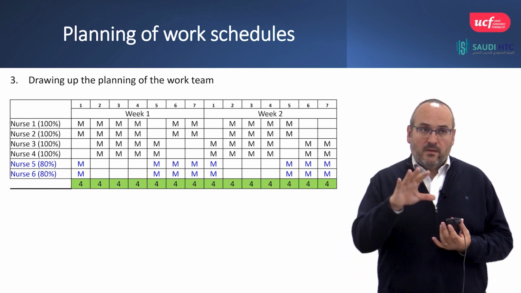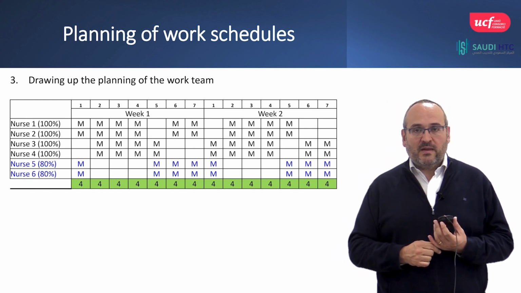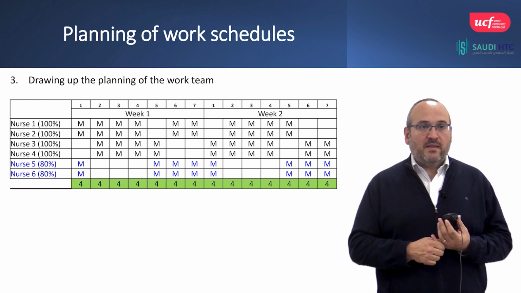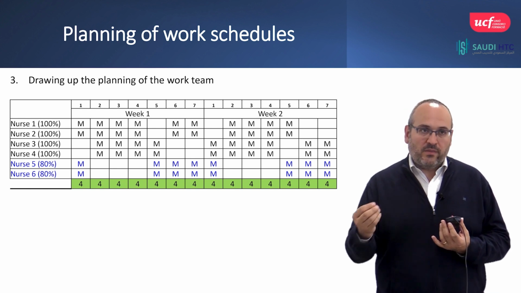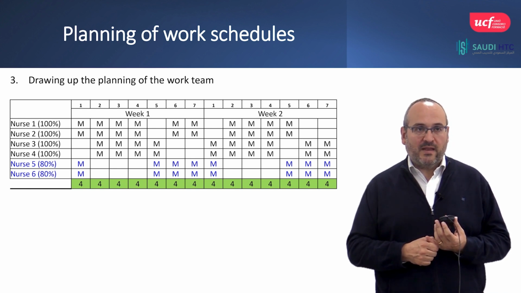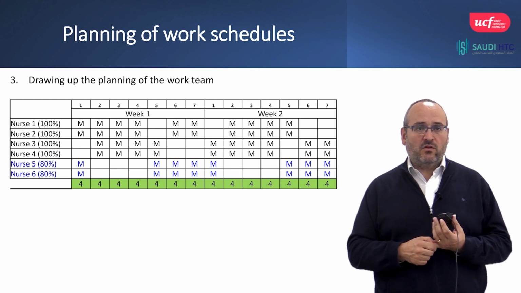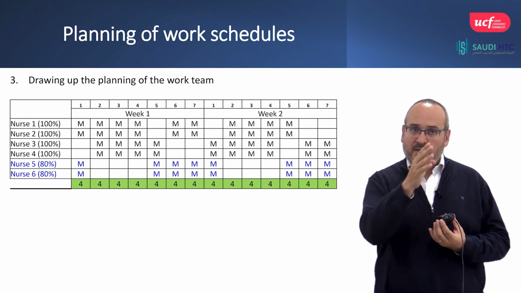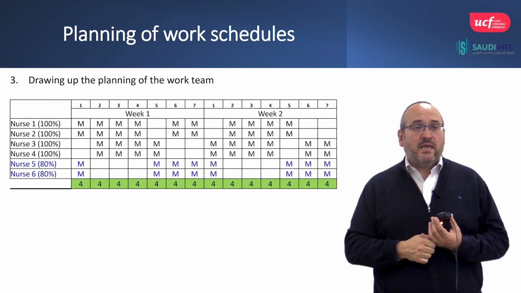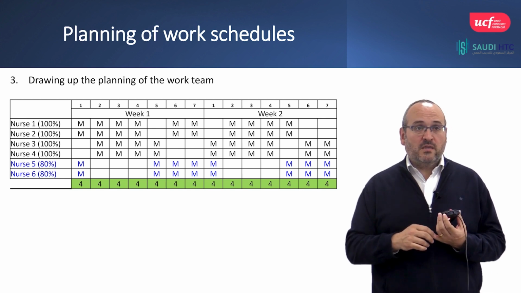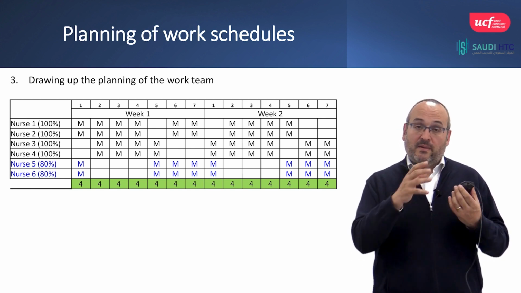Having clarified the type of schedule that these people do at 100%, we are going to work with the people who work part-time, i.e., who work at 80%. You can see that these people have a shift type significantly different from the previous ones.